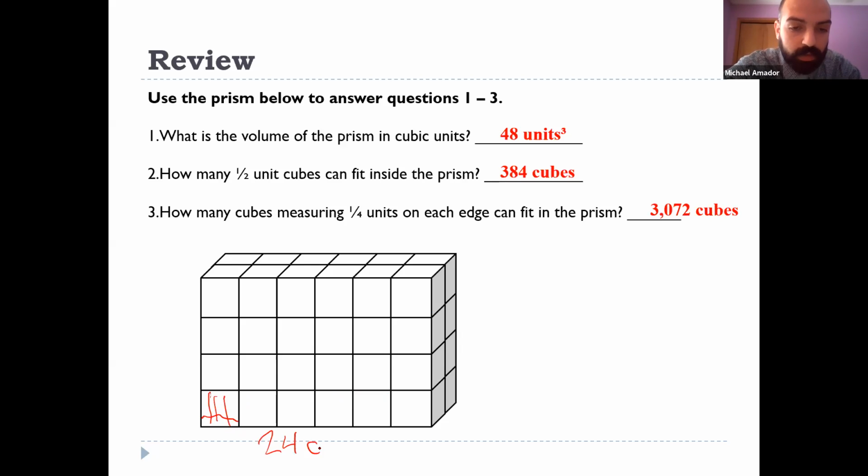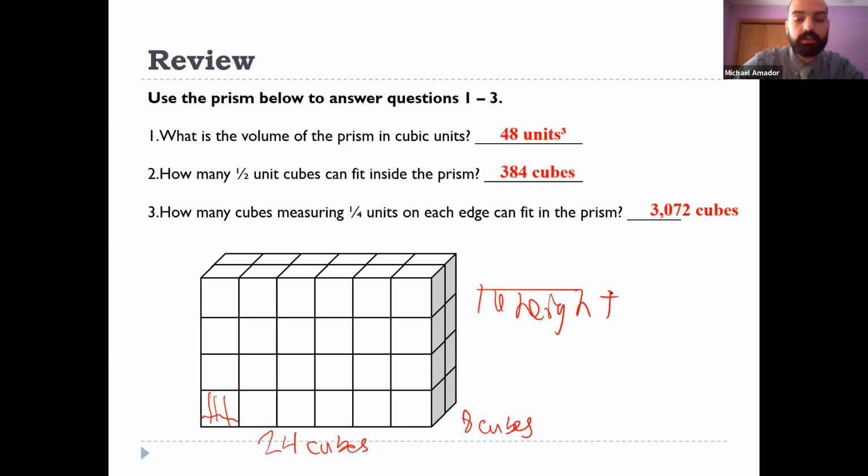It's going to have 24 little cubes along the length, and it's going to have 8 cubes in depth, and it's going to have 16 cubes in height. So when you multiply 24 times 8 times 16, you will get 3,072.